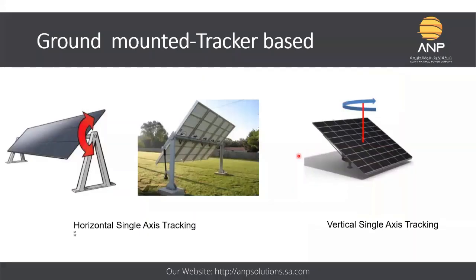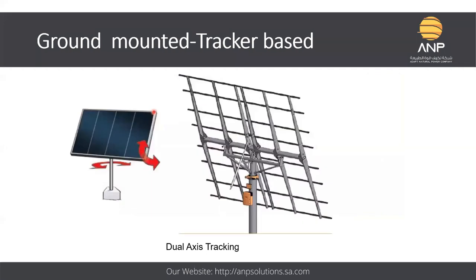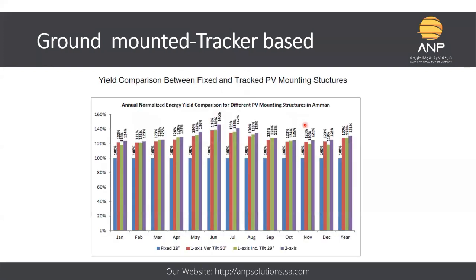Another one is dual axis tracking. In case of dual axis tracking, you are tracking the sun path in the day and also seasonally. So the generation in case of dual axis tracking will be more as compared to single axis tracking. In the next slide, this is the generation data from different types of structure.